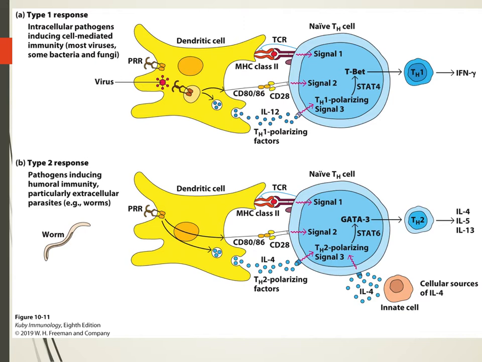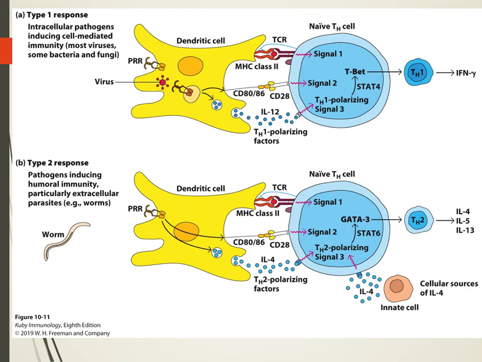We're going to get production of cytokines, so we can get our signal 3, and then all that information is being processed between those signals so that we end up getting STAT4 activation to get T-bet activation that leads to interferon gamma production, which gives us the Th1.